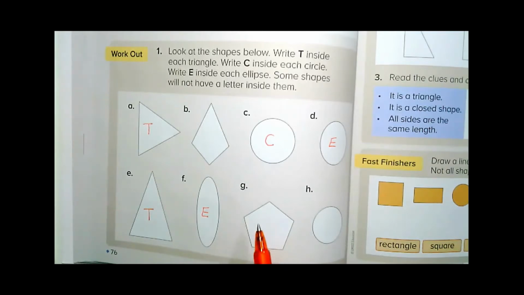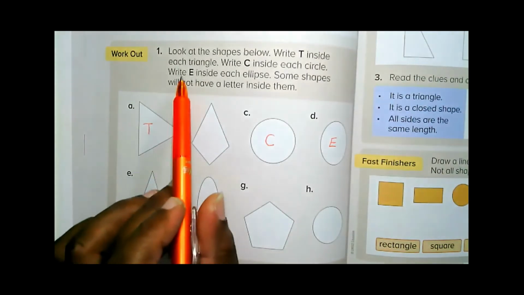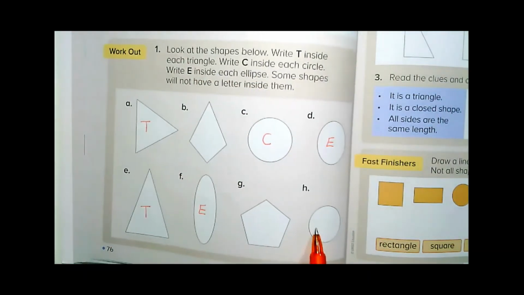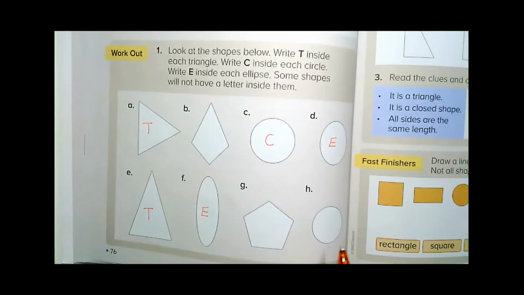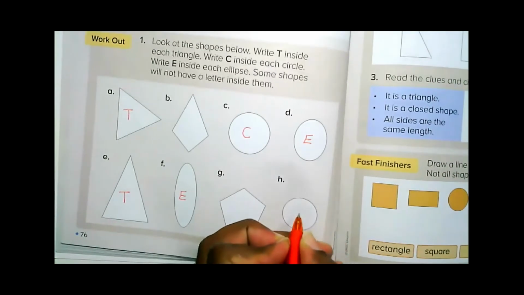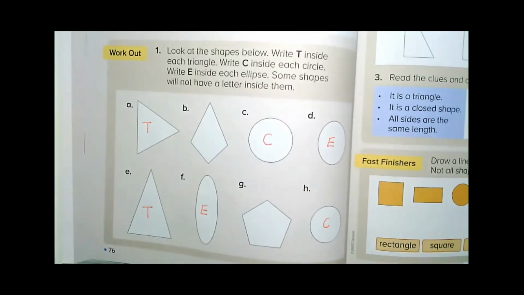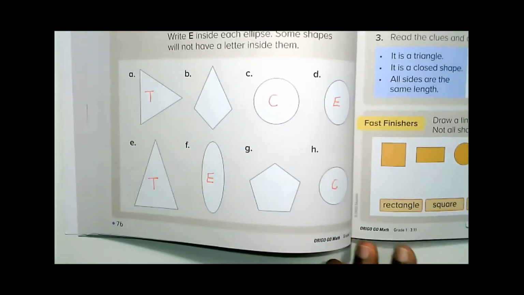G, how many faces? 1, 2, 3, 4, 5. 5 faces. So that is a pentagon. We don't have any letter for pentagon. And part H is a circle. So we write C. There you have it. So let's go on to number 2.